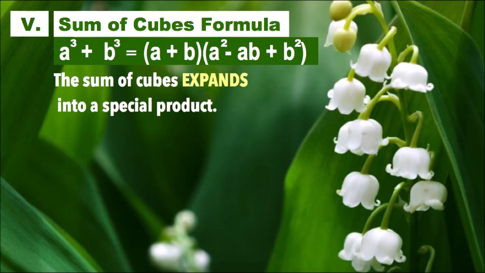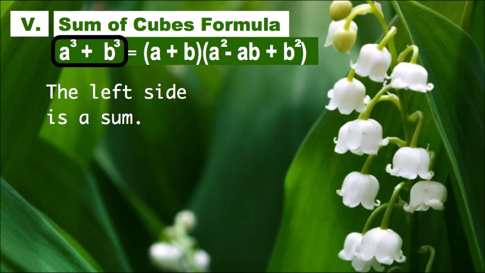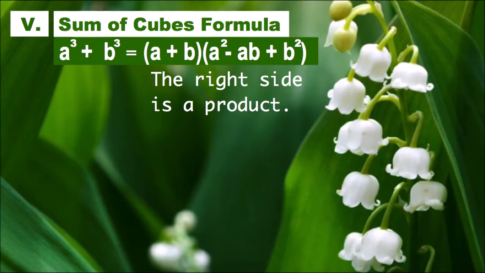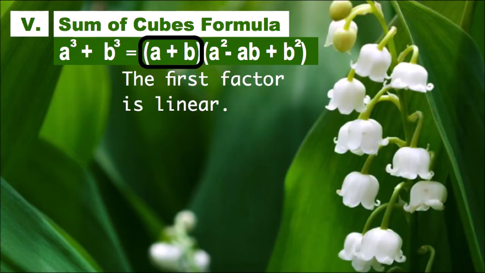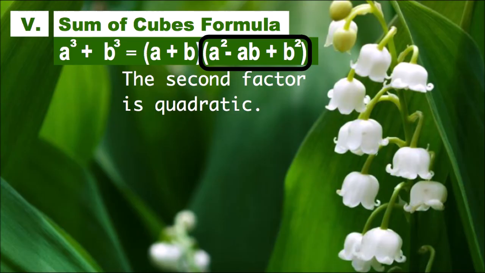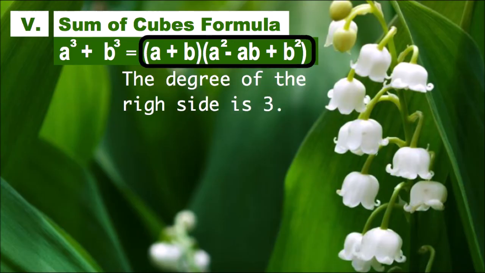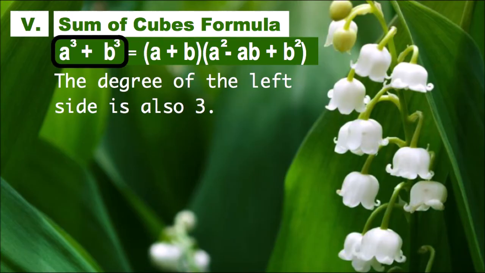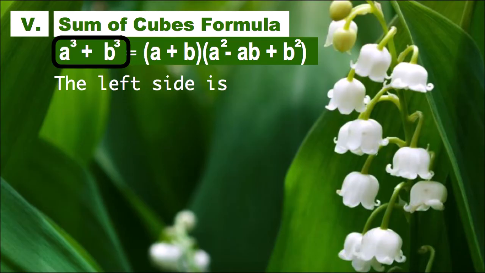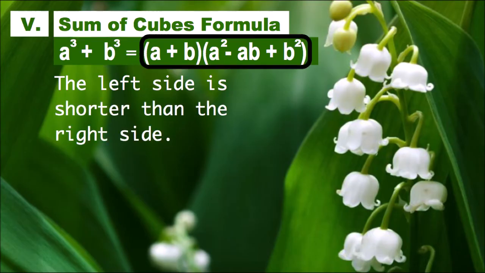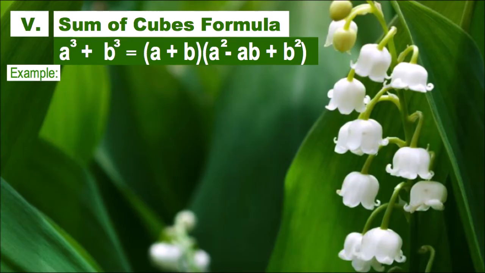The sum of cubes expands into a special product. The left side is a sum, while the right side is a product. The first factor is linear, and the second factor is quadratic. The degree of the right side is 3, and the degree of the left side is also 3. The left side is shorter than the right side.